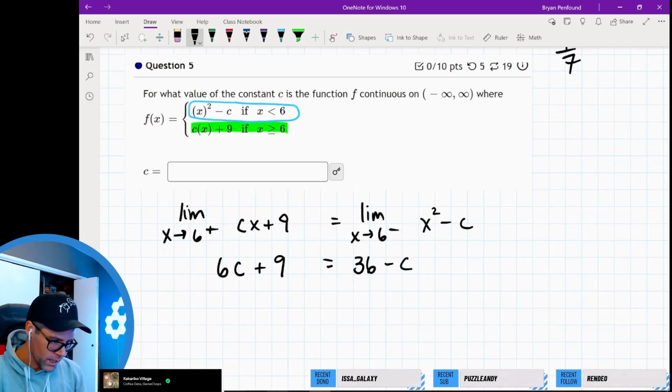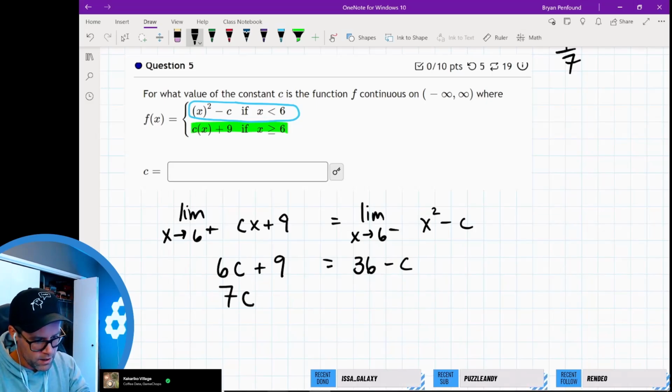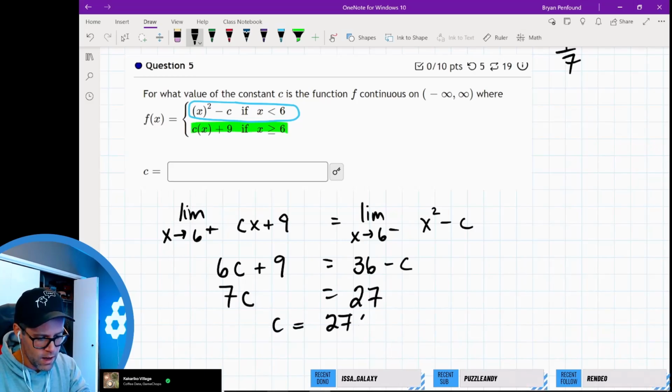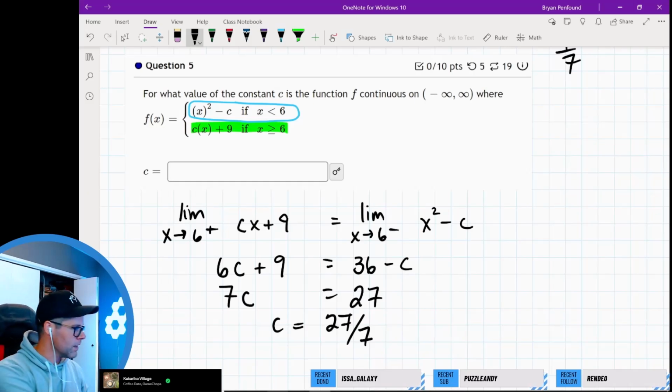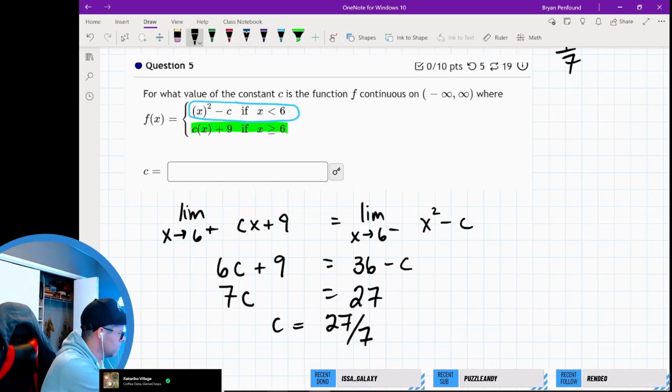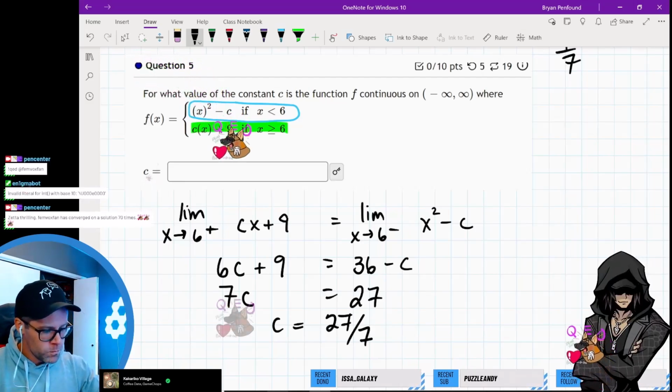So altogether I'm going to have 7c if I move this negative c over, and then 36 take away 9, which is 27. So that's correct. c is 27 over 7. Well done, Fem. Nicely done. Easy as pie.